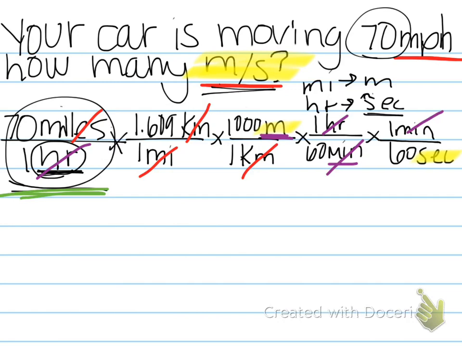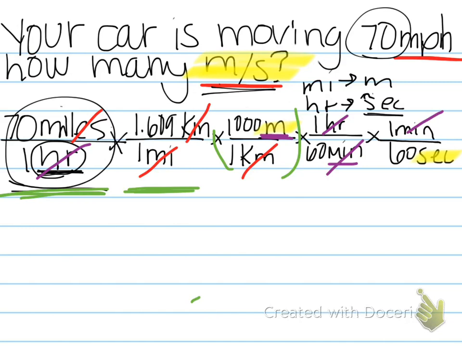Now we're going to multiply by the top. 70 times 1.609. And now we know that we divide by 1. Okay, stays the same. So we're done with this one. Now our value is on top with this one right here. We're going to multiply by 1,000.